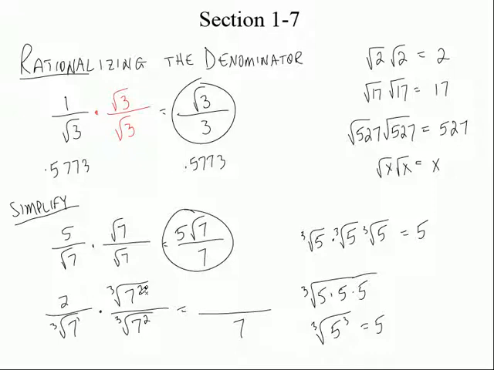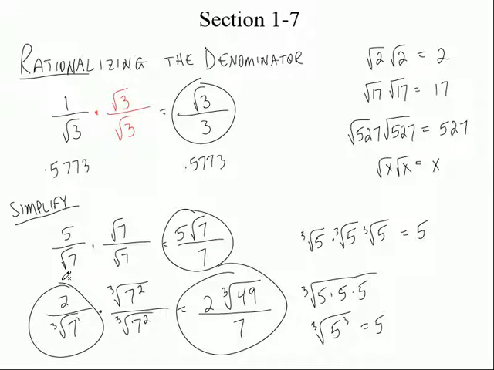Now, what do I do to the top? I just write it like that. I write 2, and then I write cube root. Now, what's 7 squared? I could write it as 7 squared, but let's just write it as a regular number. What's 7 squared? It's just 49, isn't it? And then there is your answer. That's the same thing as that right there. Those are exactly the same.